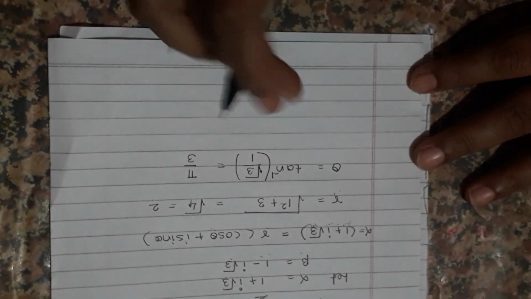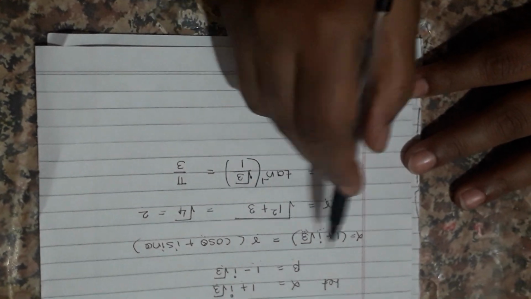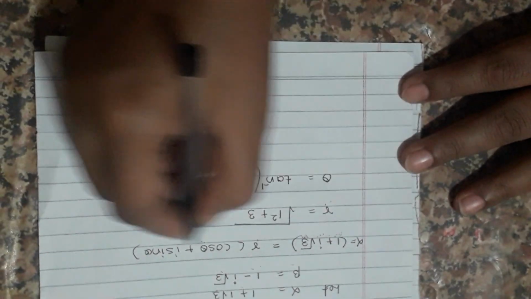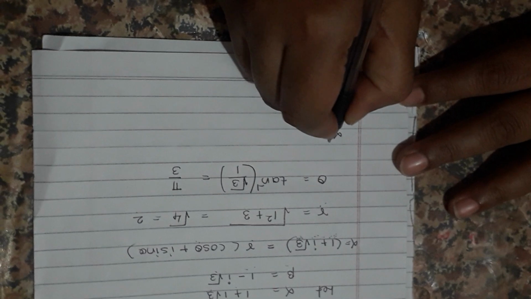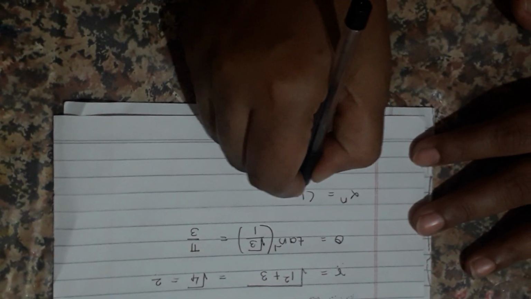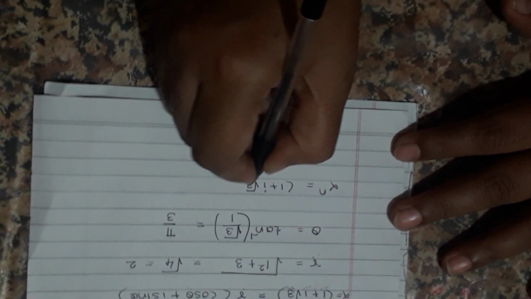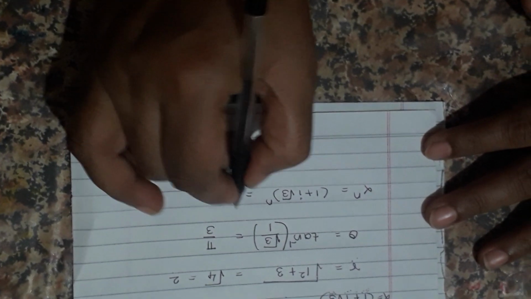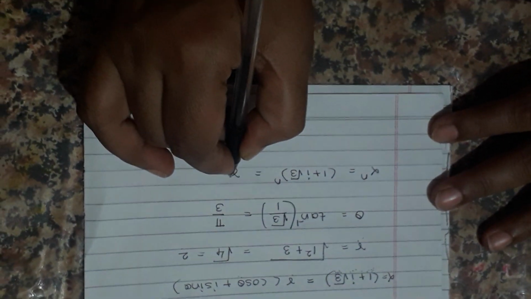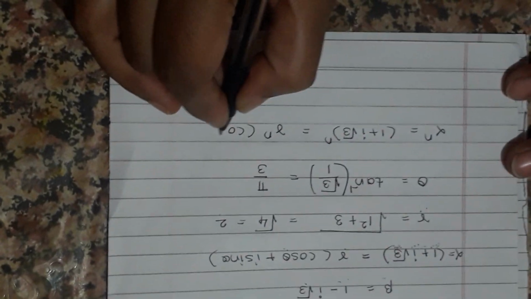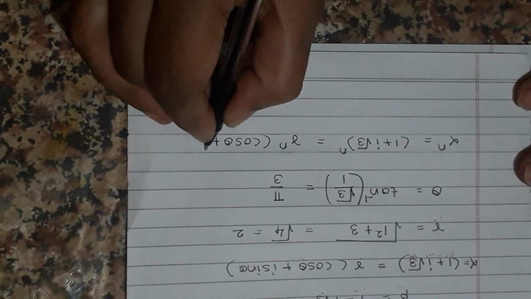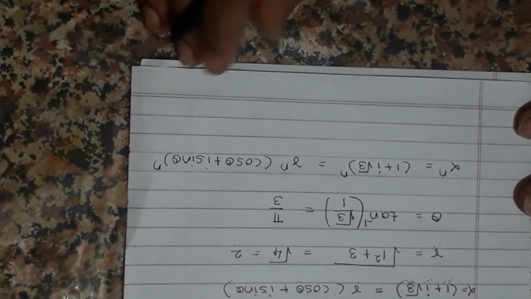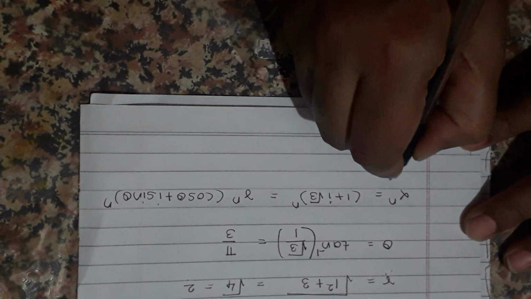So before, again we can apply the power n on both sides. So that above equation can be written in the form of alpha raised to n is equal to 1 plus i root 3 raised to n is equal to, when you apply the power n on both sides, it gives r raised to the power n, and here is cos theta plus i sin theta raised to the power n. Now we apply here De Moivre's theorem.